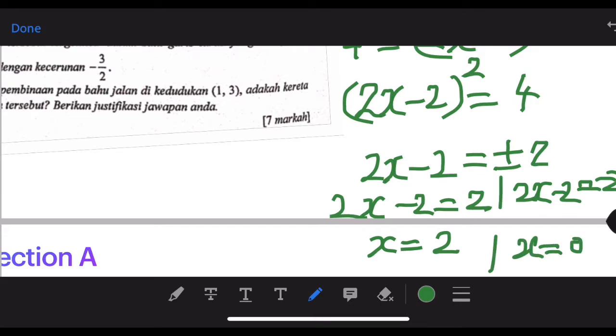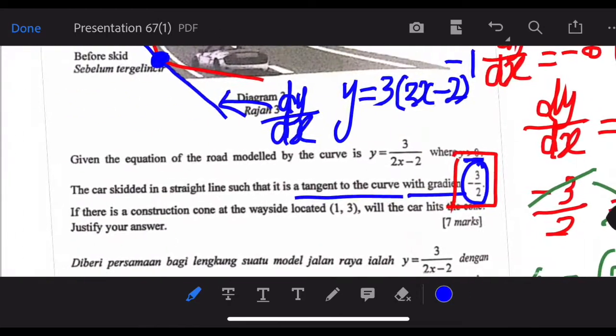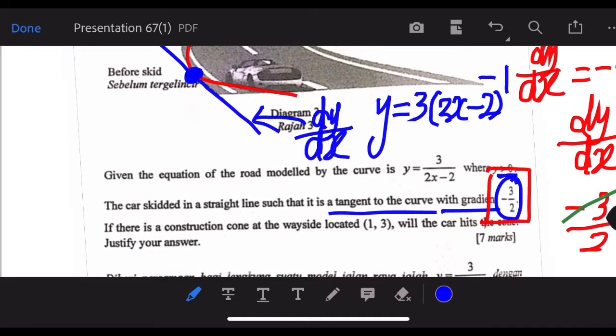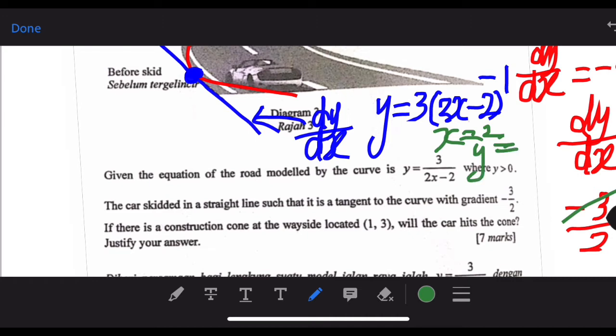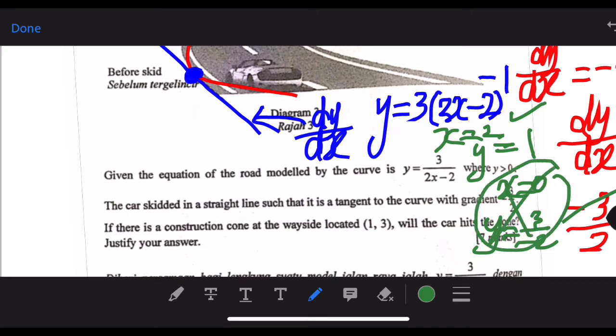So we have 2 points, x = 2 and x = 0. But because the condition was given here, when your x is 2, we check, are we getting y positive? So we will accept this. When x is 0, we will get y is negative 3 over -2. So we will reject this one. So we will accept x equal to 2, y equal to 1.